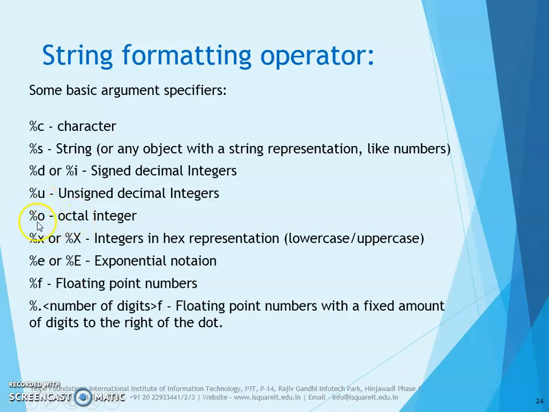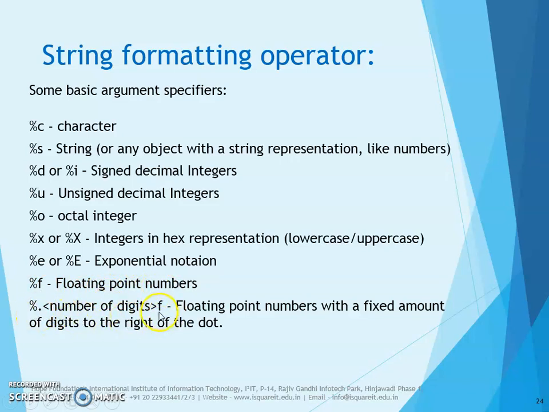If we have octal data, then %o is written. %x, or otherwise capital X, is written to display integer data in hexadecimal format. %e or %E is for exponentiation notation. %f is for floating point numbers.